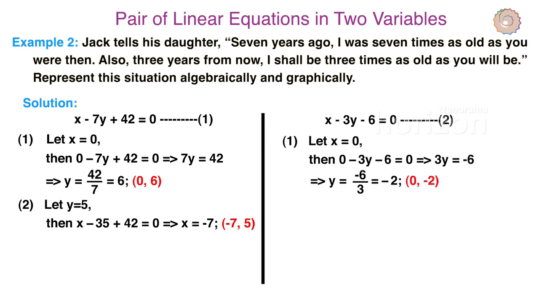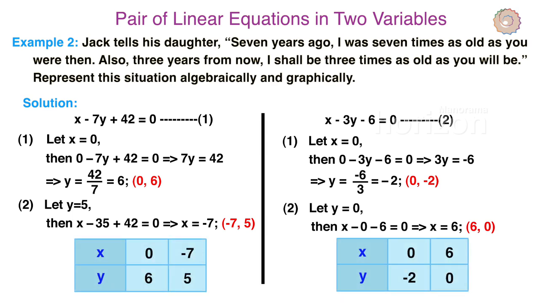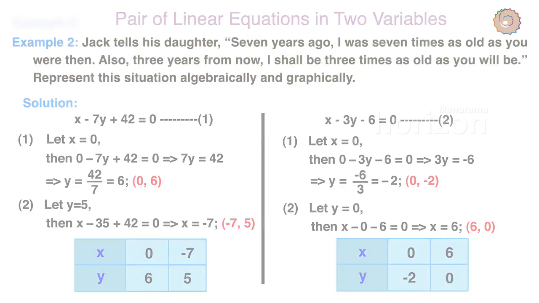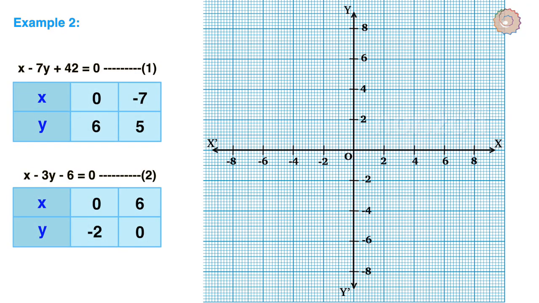Let's take 0, minus 2 and 6, 0. Even though we have mentioned them as ordered pairs in brackets, if we tabulate them, it will be easy to plot these points on the xy plane. For our convenience, we have given the scale 1 centimeter equals 2 units on both the x and y axis.